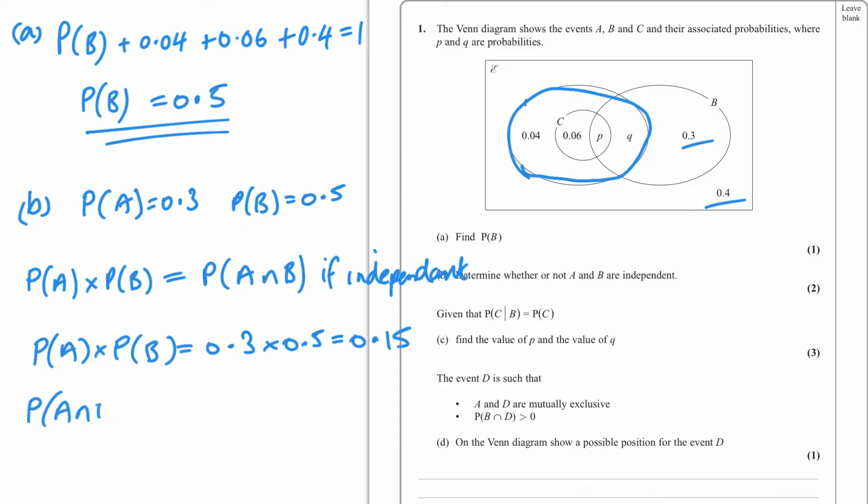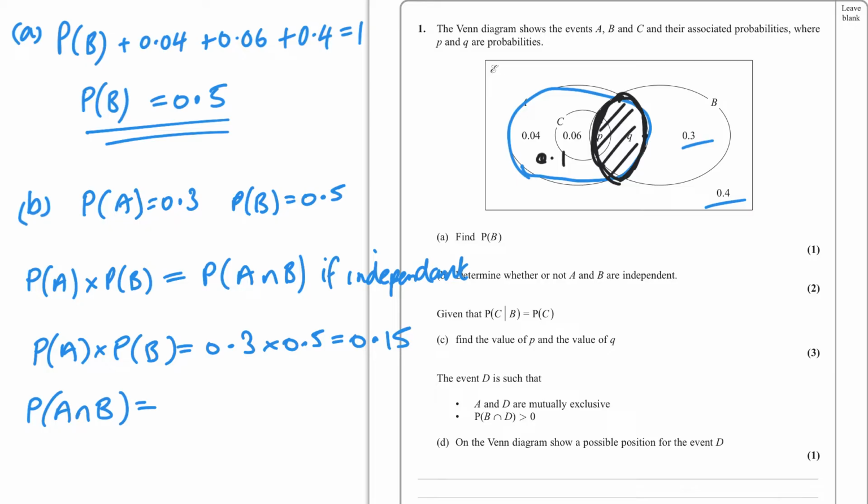Probability of A intersection B, well, this is actually the value of P and Q. I'm going to put this in black here. Okay, that is my intersection of A and B. Now, I can see that 0.04 and 0.06 totals 0.1.